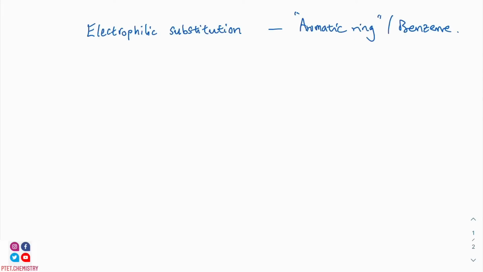Anyway, the electrophilic part is quite straightforward. Think about your alkene chemistry, and you know that it is rich in electrons.